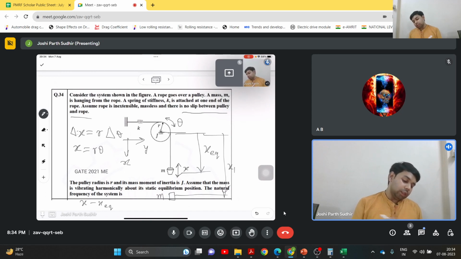Or if we say this is x1, then x1 minus x eq is basically this x which I was talking about. So it is with respect to the equilibrium position. So this is the displacement.